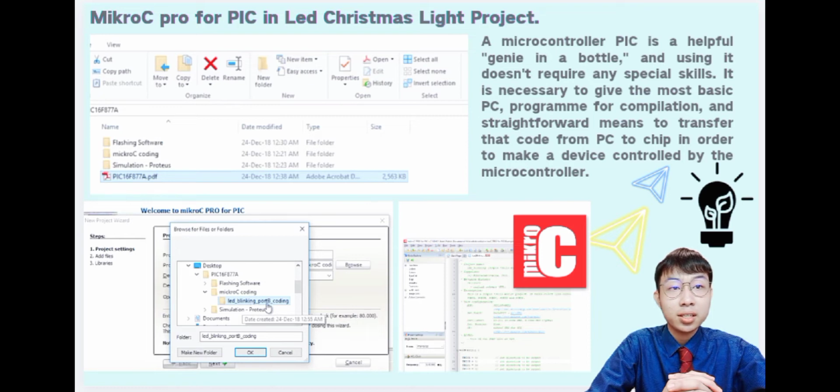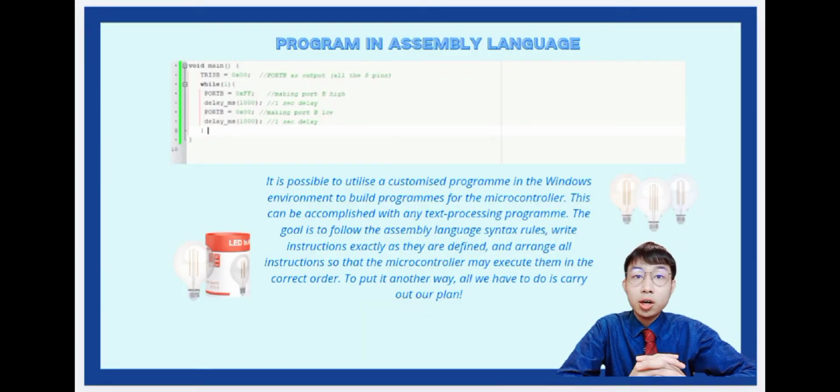This method is pretty reliable. There are many questions, not because it is difficult, but because there are many possible variations. A Windows environment may contain specific software that can be used to build the program for this microcontroller.